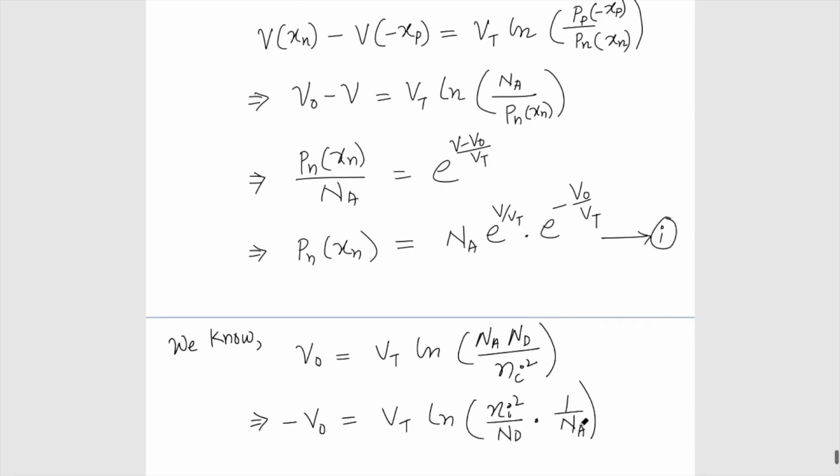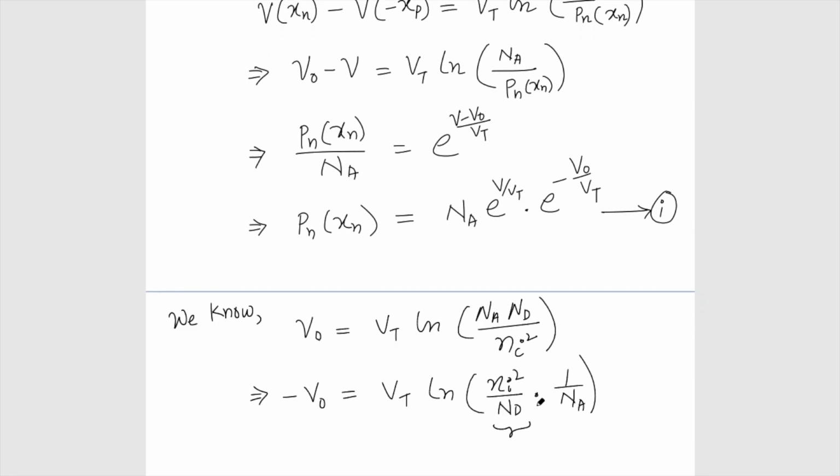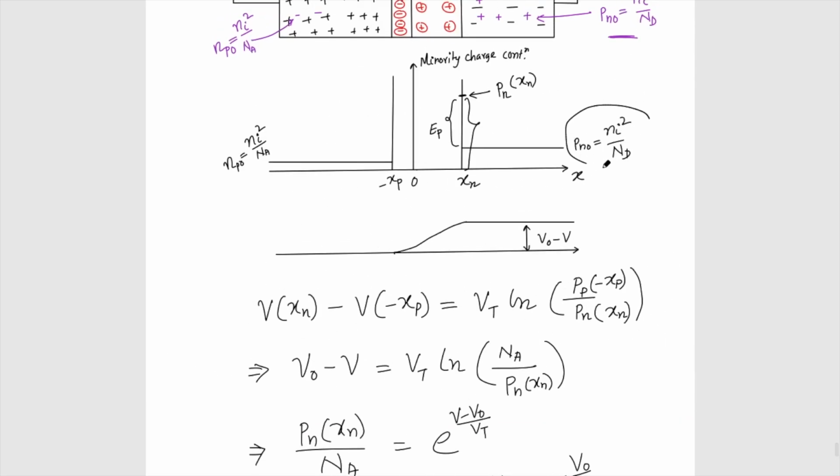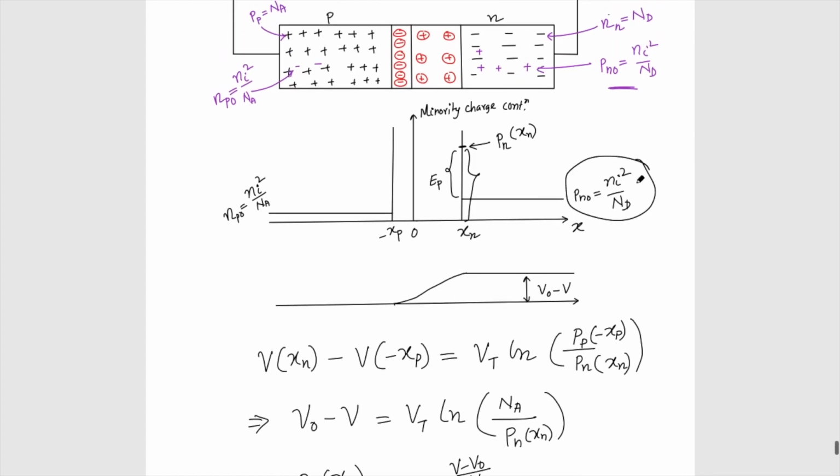Now we know that this term Ni square by Nd is Pn0, the concentration of the holes on this side when no voltage was applied, basically this line.